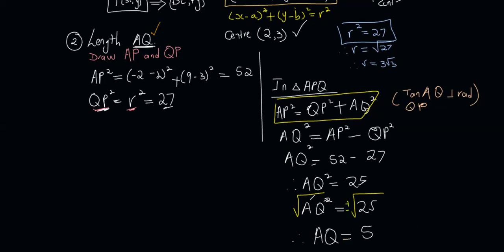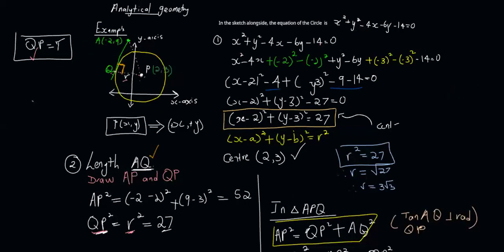So when you go back to the diagram, the length of AQ, the whole distance here, should be 5. You must know this by heart. And then this one is going to be R, which I've just shown you how to get. Your R is going to be 3 right there. And that's how we solve this question.